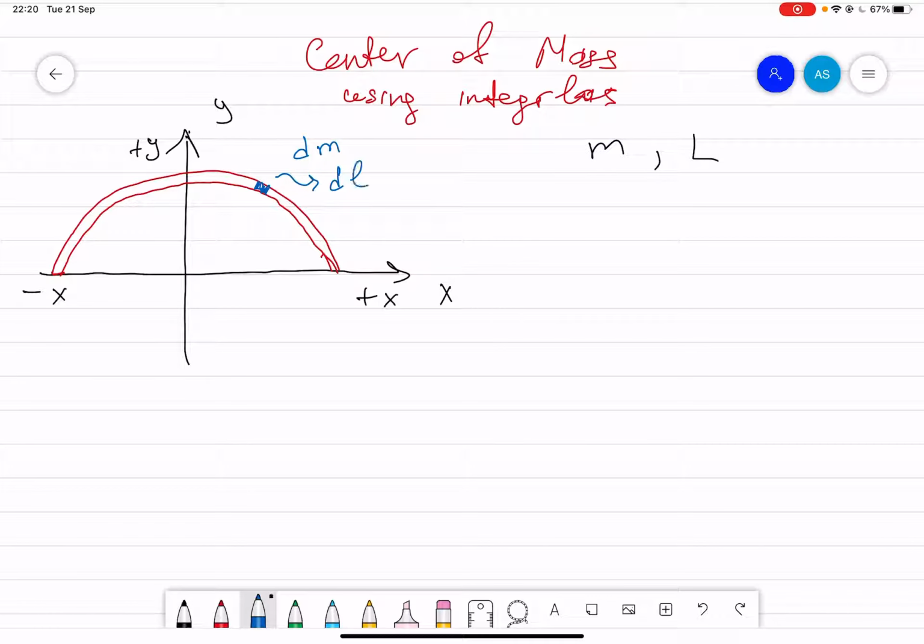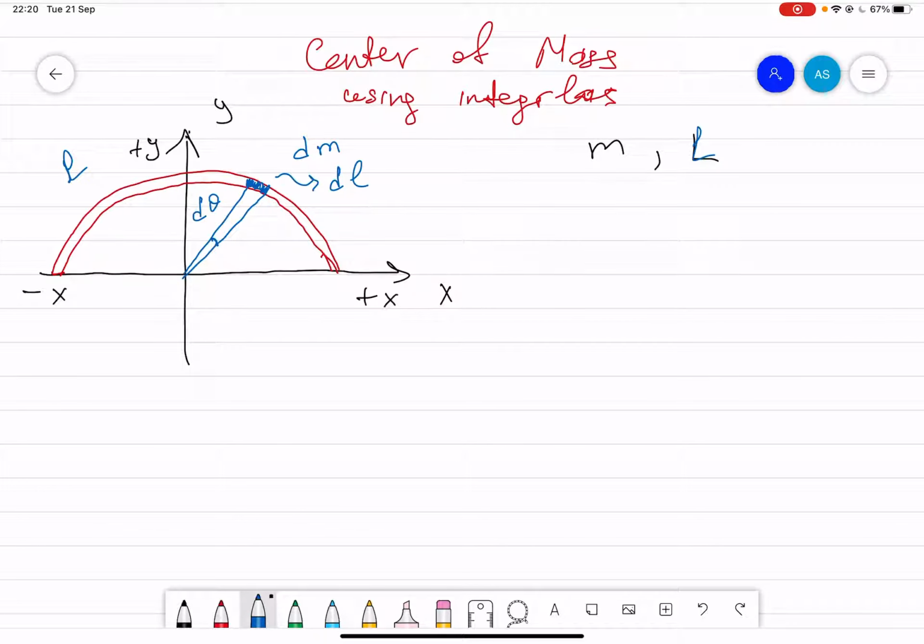Since the total length is L, this is dl. This dl is very small, so let's zoom in, and the angle of this one is very small, so this angle will be d theta.